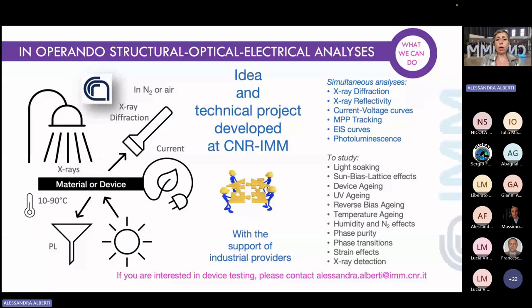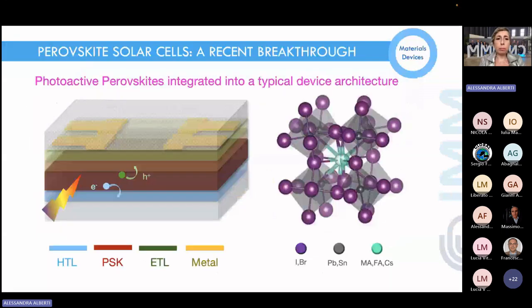So why do we focus on perovskites and perovskite solar cells? Just a brief introduction. Perovskites are special materials in which many atoms are involved to set up the lattice architecture. It is an ionic lattice with anions, cations, and at the center you can find a species or an organic species.